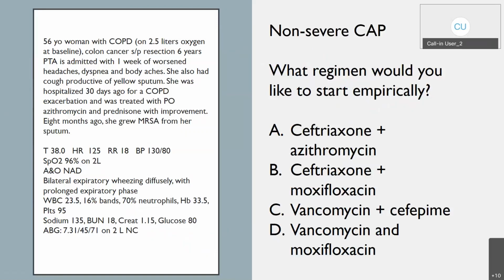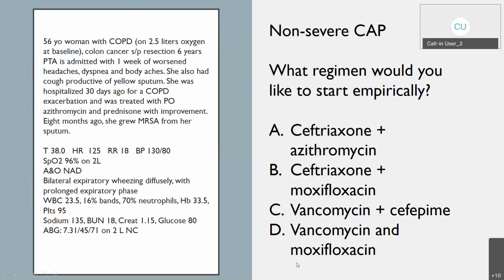I purposely left vancomycin off of there. So is she at risk for Pseudomonas? She hasn't had a positive culture for Pseudomonas. She hasn't been hospitalized with IV antibiotics, so I wouldn't be worried about that, but we've already established she has an MRSA risk factor.